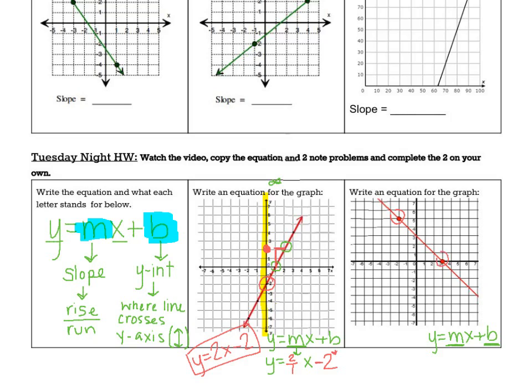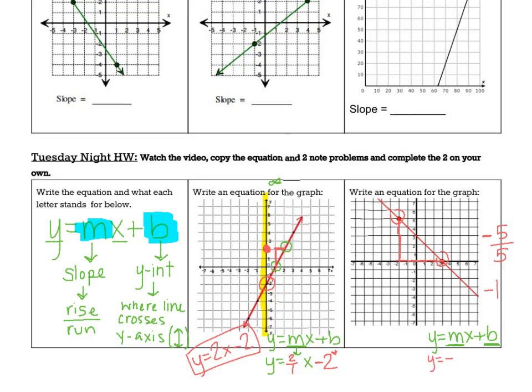We're going down, so we know we're going to have -1, 2, 3, 4, 5, and we're going to go over 1, 2, 3, 4, 5. So we went down 5, over 5. Well, 5 over 5 we can simplify to 1, so -1 is our slope.